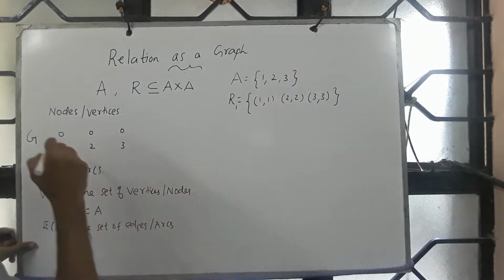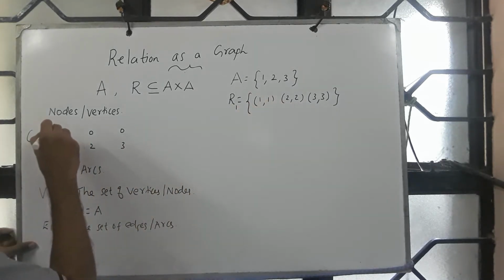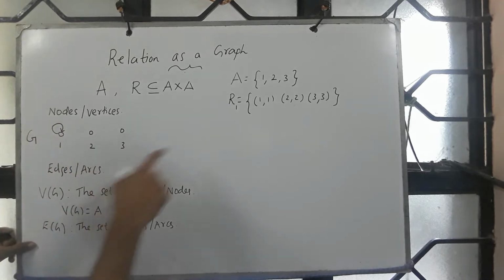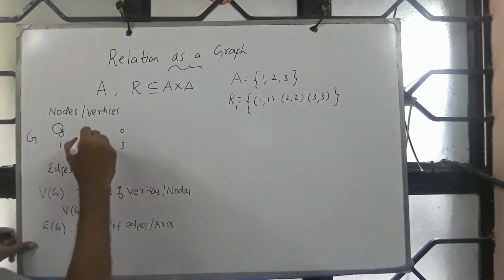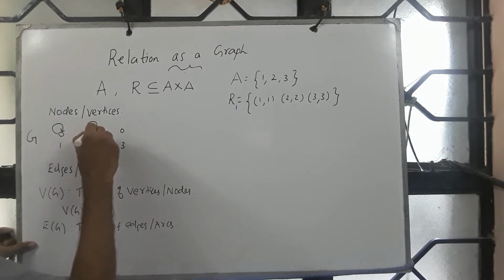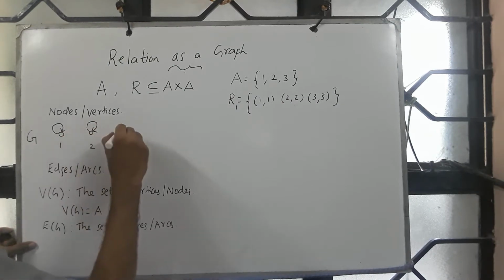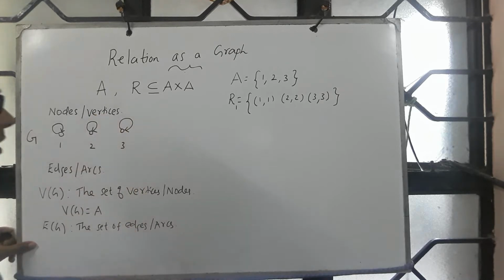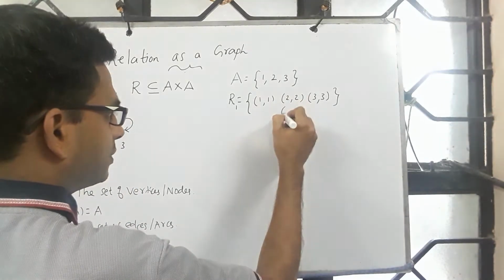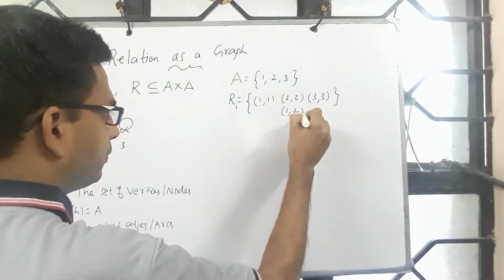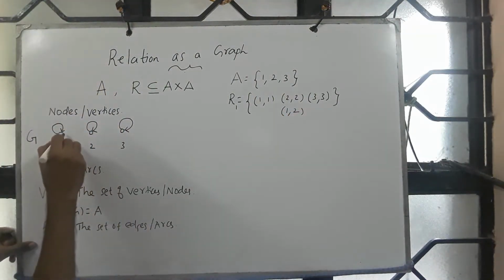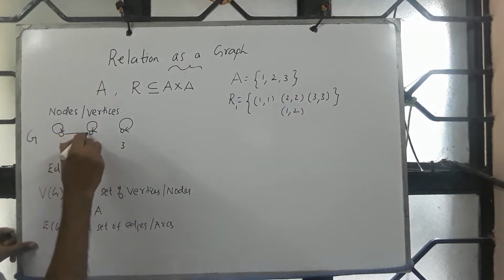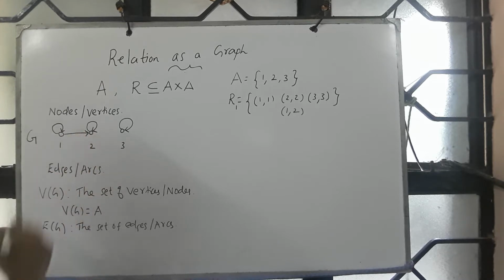(1, 1) is present, which means you will draw an edge or arc from 1 to 1 itself. (2, 2) is present, so you will draw an edge from 2 to 2, similarly 3 to 3. Suppose R also contains (1, 2), then you will draw an arc from 1 to 2.